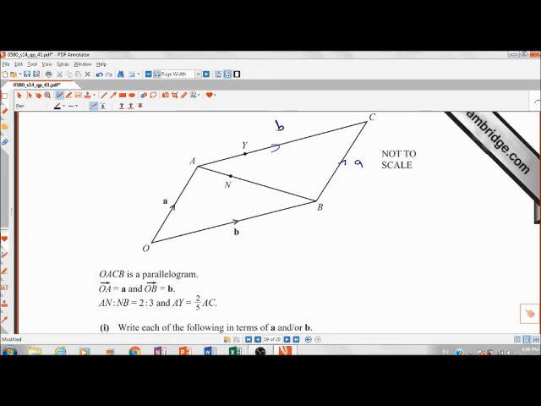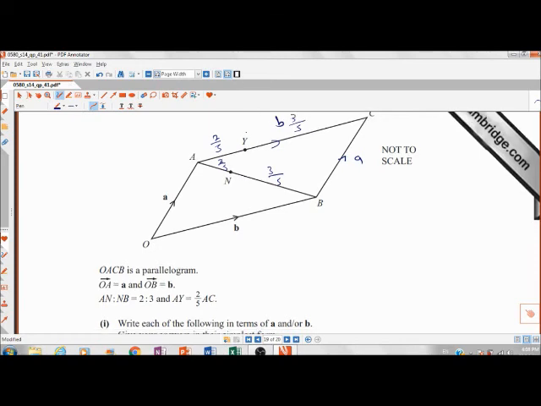The same direction and same value, because they're parallel. Anyways, AN to NB is 2 to 3. That means AB is 5, right? And AN is 2 over 5. This is 3 over 5, NB. And AY is 2 over 5 AC. So if it's 2 over 5, that means what's left is 3 over 5. YC is 3 over 5 AC.